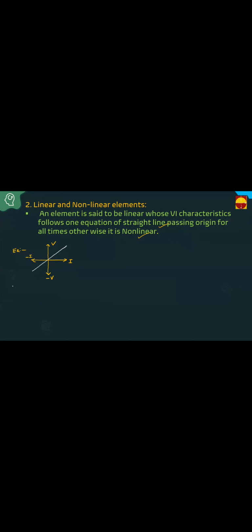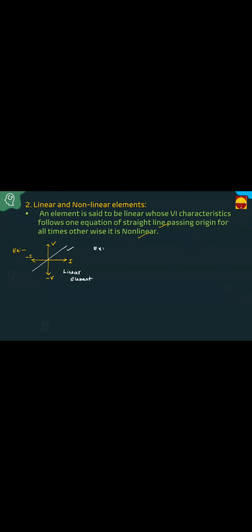It is a linear element because it is passing through the origin. This side only one characteristic, this side also only one characteristic. Throughout, only one straight line; the characteristics are not changing. On both sides it has only one equation of straight line, and it passes through the origin. That's why it is a linear element.